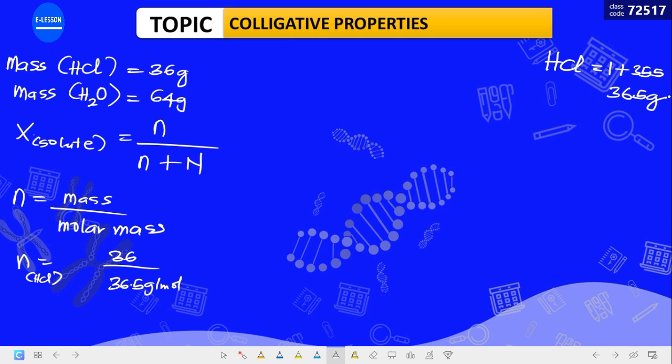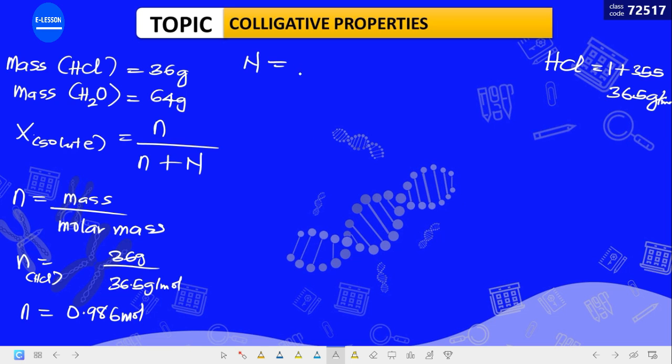This is 36 gram. Now when you divide this, what are you going to have? After calculating this, we have the number of moles of solute to be equal to 0.986 mole.